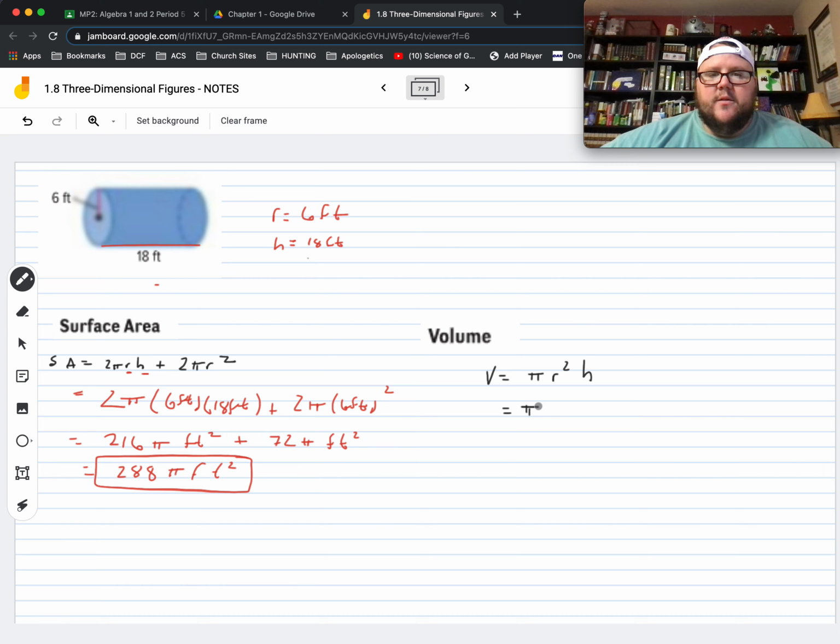So pi times r, which is 6 feet, squared, times h, which is 18 feet, so now we do 6 times 6 is 36, times 18 is 648, and I'm just going to bring the pi down, and then our units feet squared, and then one more feet is feet cubed.